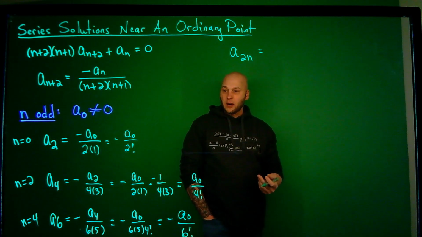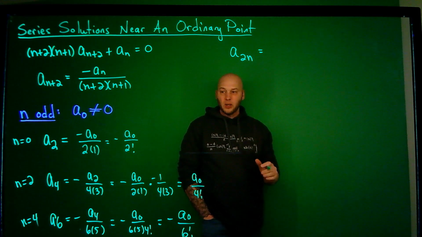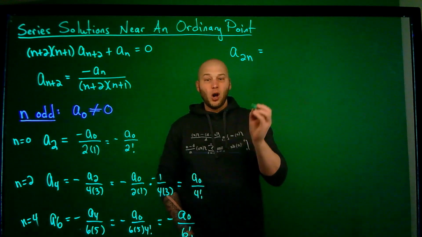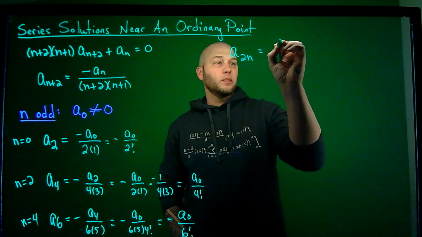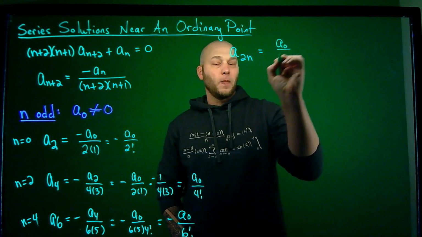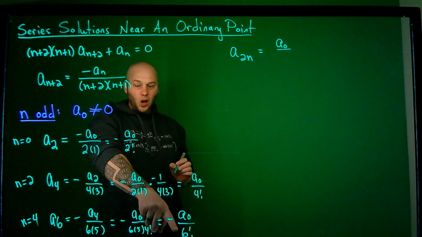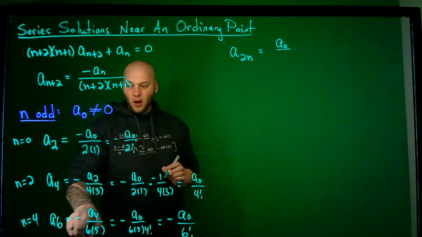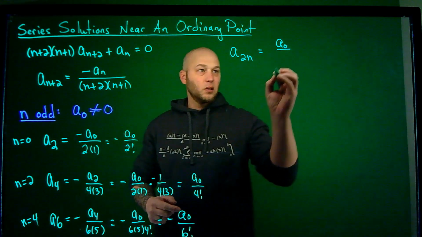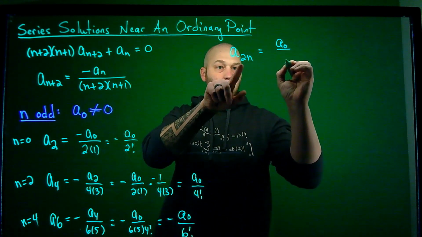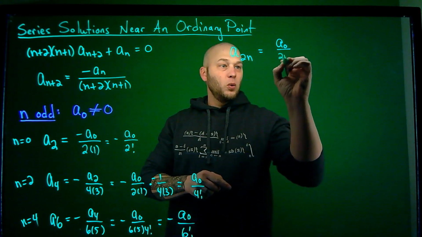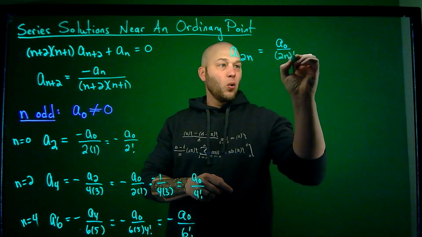If I look at this pattern, there's really 3 components to this. The numerator is always A0. Notice that the denominator is always the factorial of the subscript. In other words, if the subscript is 2n, that's going to be 2n factorial.